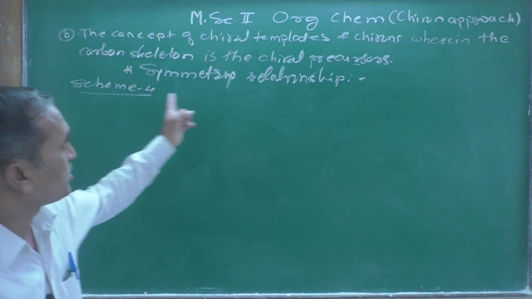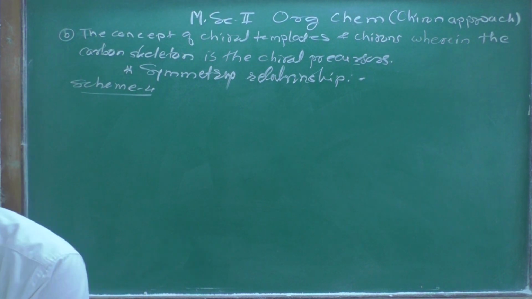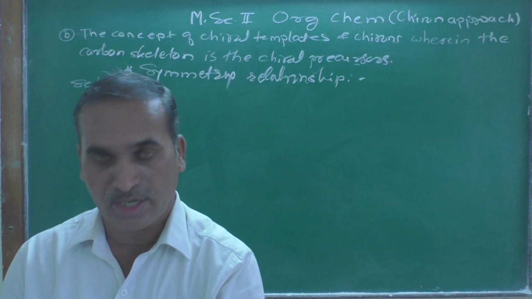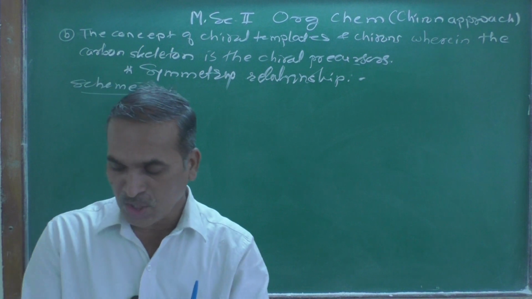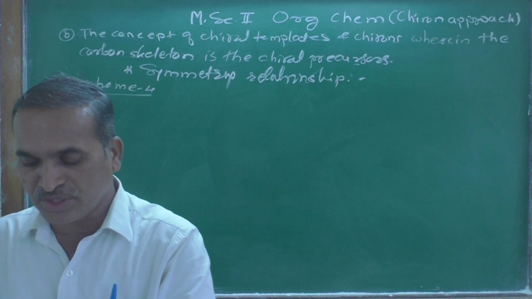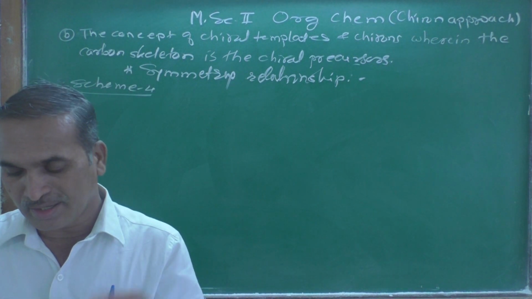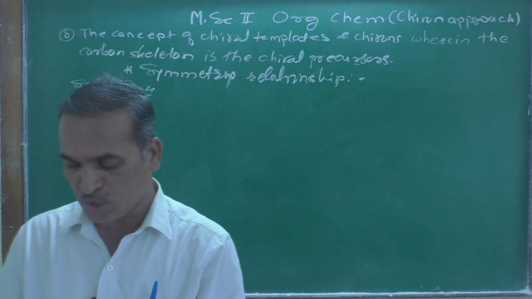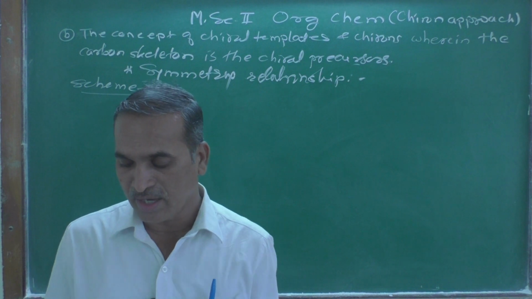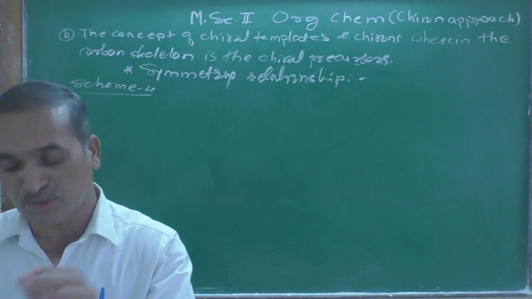Now, symmetry relationship, how it is essential while synthesizing with the approach that we are learning here. Because the carbohydrate molecule contains different oxidation states at either extremity, aldehyde and hydroxymethyl, aldehyde or carbonyl, and it lends itself to stereochemical duality.